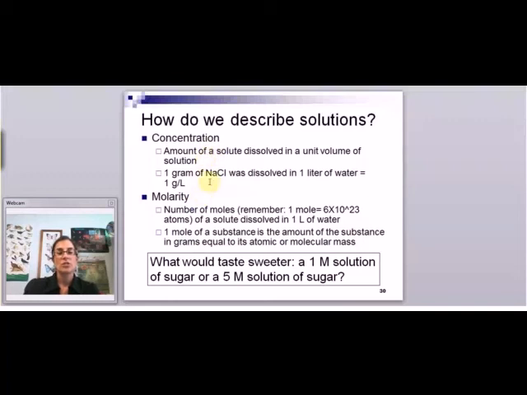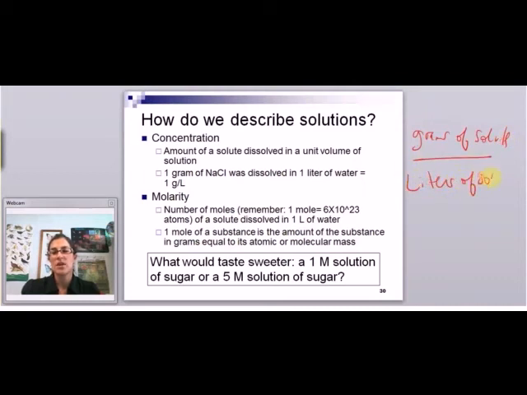So solutions are usually described in concentrations. If we want to talk about a solution, we're going to say how much solute is dissolved in there. So let me get the pen here again. A typical way to do this would be grams of solute versus liters of solution.